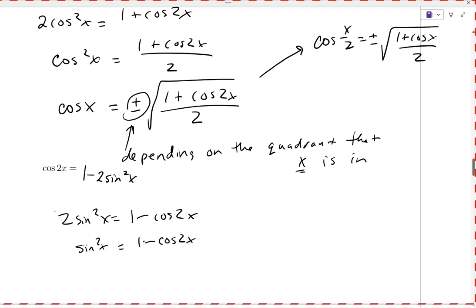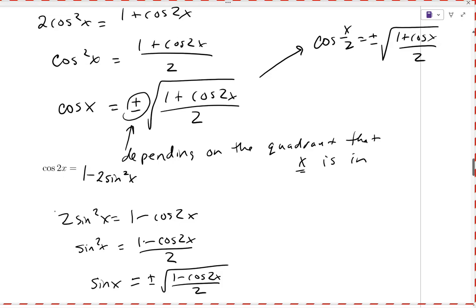Divide. Take the square root. Notice that the form of the half angle formula for sine is almost the exact same thing as it was for cosine, isn't it? The only thing that's different is the minus sign in the middle.